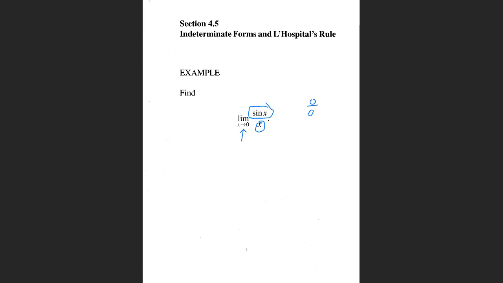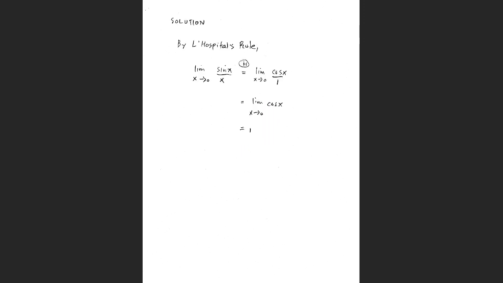Okay, so let's go ahead and look at the solution. When we use L'Hopital's rule, we put an H above the equal sign. H stands for the H in L'Hopital's rule.